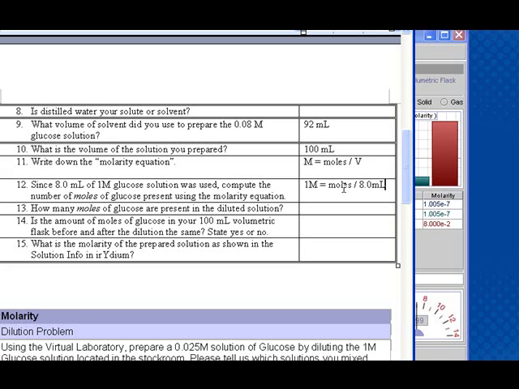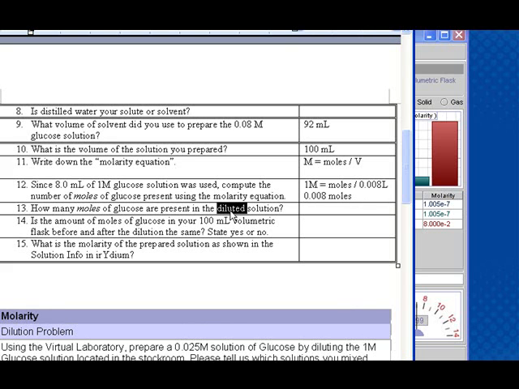However, that volume has to be in liters of solution, so I have to convert that. 8.0 milliliters comes out to 0.008 liters, and so I multiply 1 m times 0.008 liters, and therefore I come out with 0.008 moles.